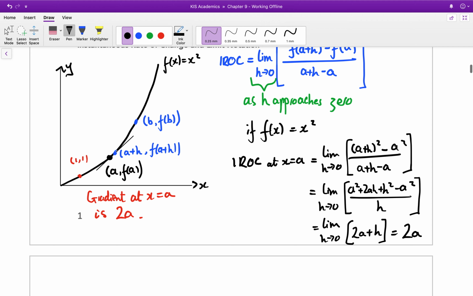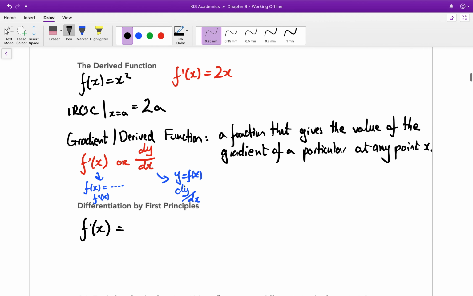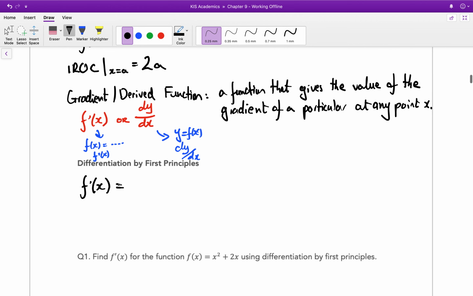So we pick 2 points that are really close together, separated by the distance h, and we see what happens as h gets closer and closer to 0. So our gradient function f dash of x can be found by the limit as h approaches 0 of f of x plus h minus f of x divided by x plus h minus x, which is just h.